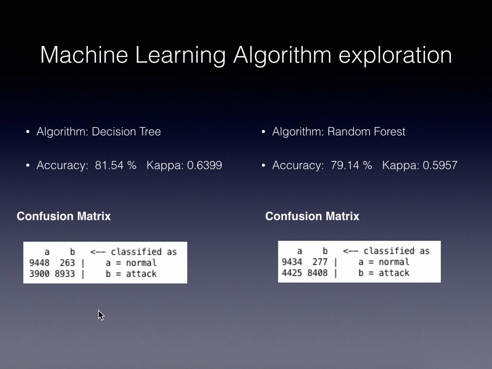This is the result on the final test dataset, and I got 80% accuracy with a kappa of 0.6, which is better than naive Bayes, as you can see. And then I further use the random forest. It's a little bit worse than the decision tree, but it's also much better than the naive Bayes algorithm. And the confusion matrix is shown below here.